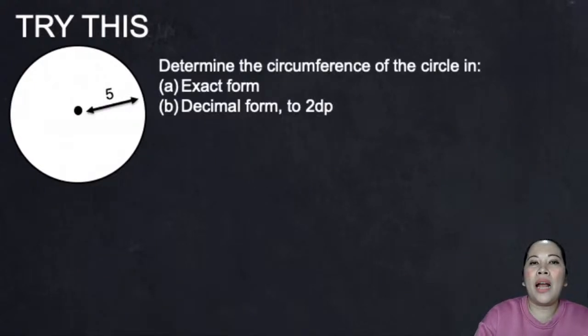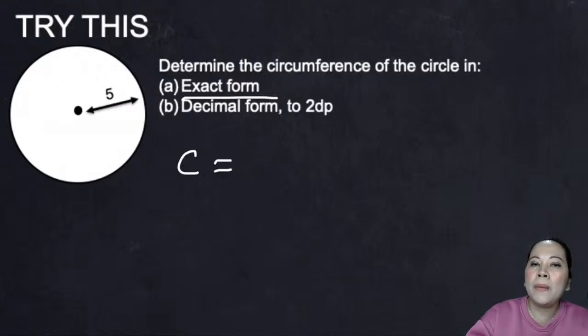So as I've mentioned, if you are asked for the exact or decimal value, this would be the last example for circumference. Then you will have to determine the circumference of a circle in exact form. So your circumference here, what will be your value then?